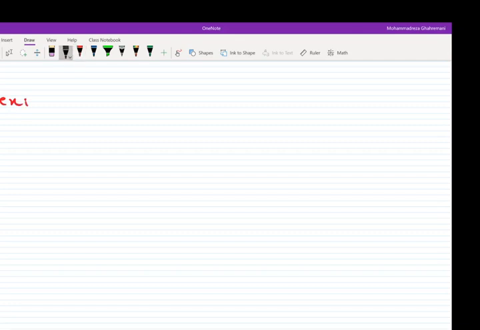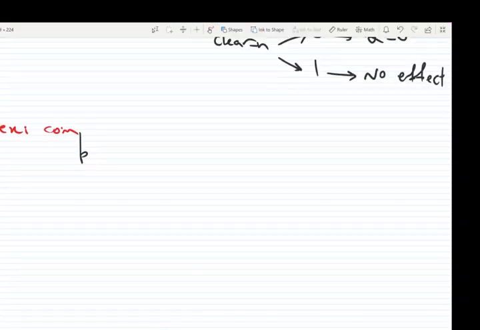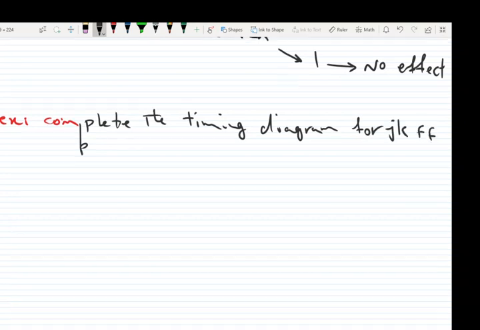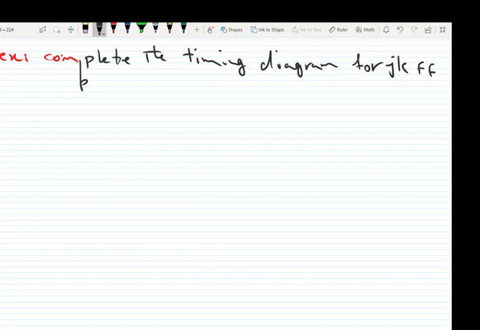So we want to complete the timing diagram for the JK flip-flop. In a timing diagram, some information is given and we are supposed to determine the output and the next state of the flip-flop.